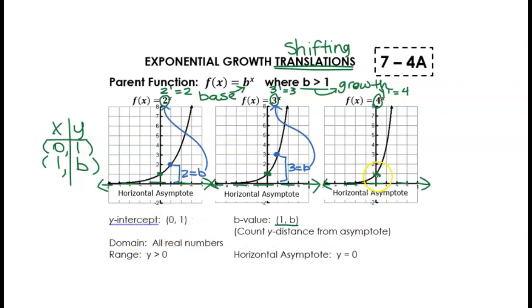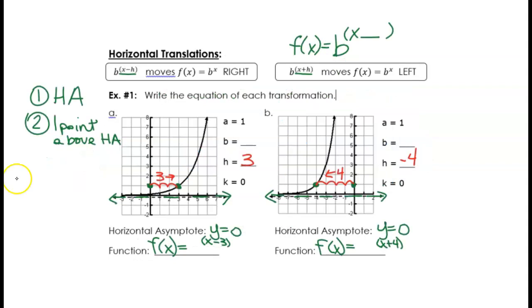Find my point, go 1 to the right. What's that distance? 4. That's my b value. So we're going to add to our list of things that we need to do. Not only do we need to find the horizontal asymptote, and find the point 1 above the horizontal asymptote, we also need to find the point that is 1 to the right of where that y-intercept should have been.